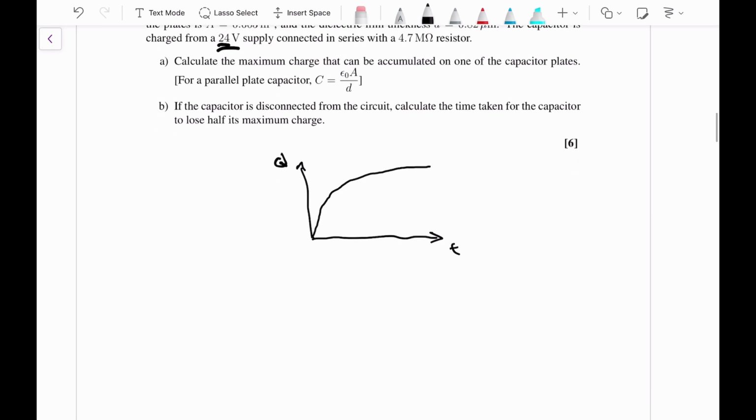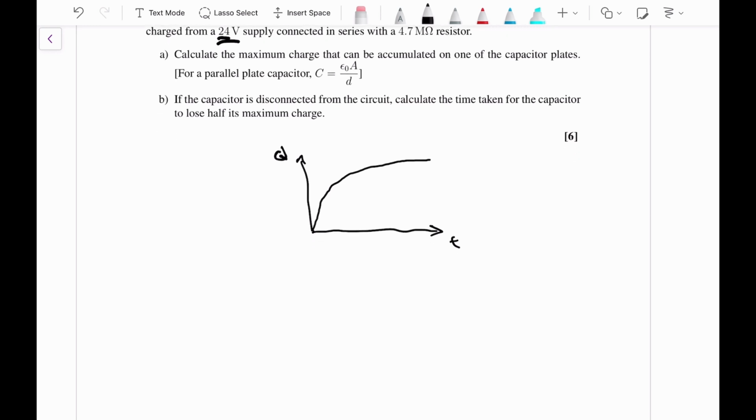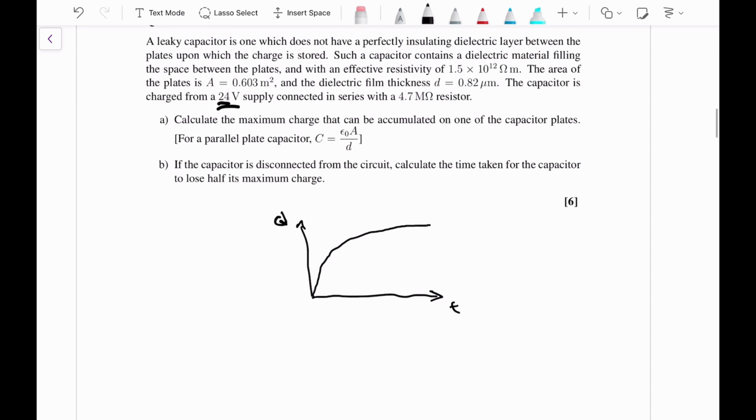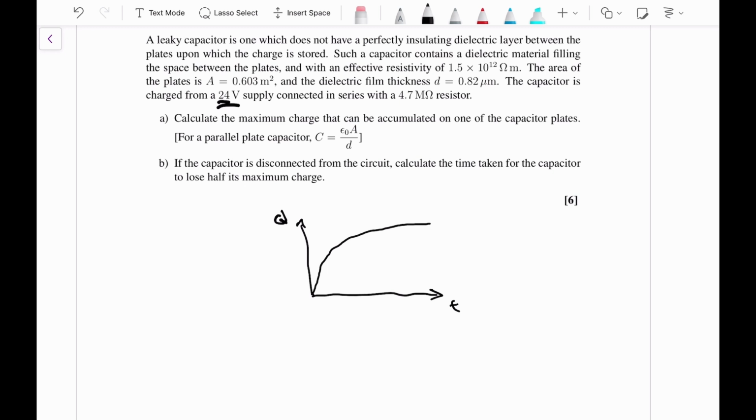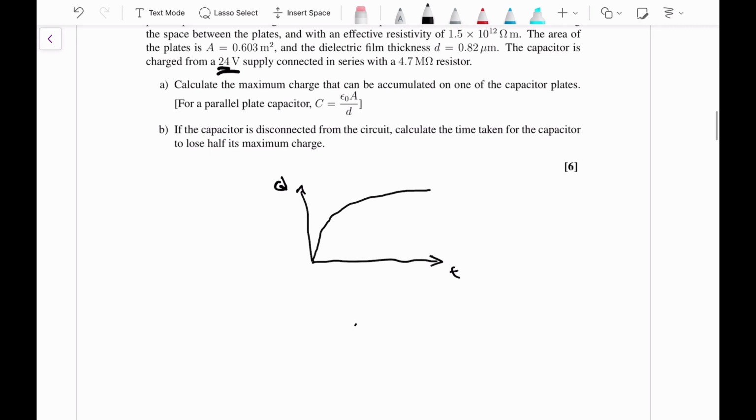Now we know the voltage, and then we can calculate the capacitance. Then we can directly calculate the charge stored. First of all, C is equal to epsilon A over d.